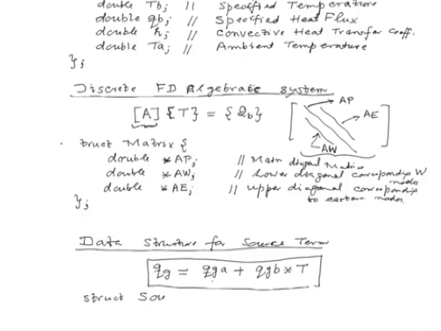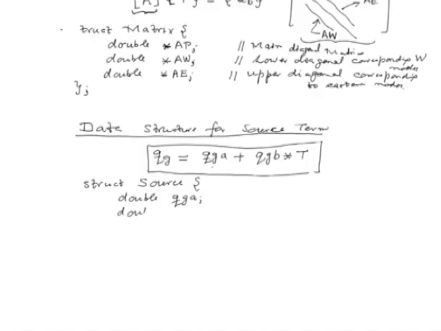So struct source: double QGA, double QGB.